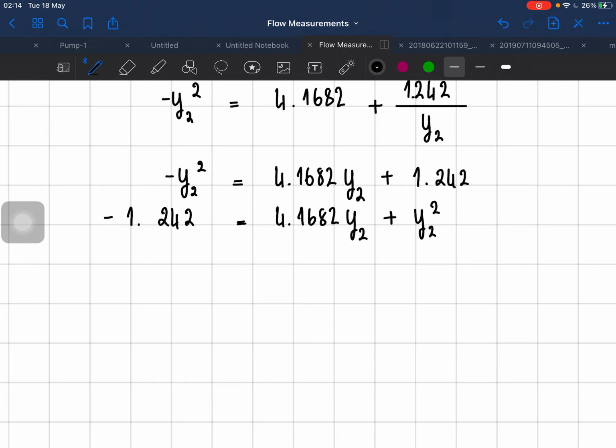Minus 1.242 alpha equals 4.1682 alpha x plus alpha x squared. So solve it. Let's wait for a while until it shows the answer.